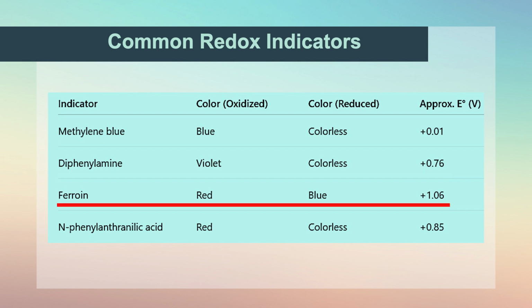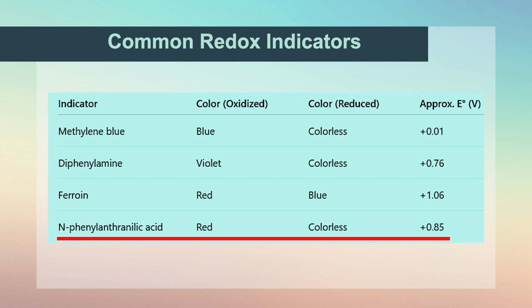The third redox indicator is ferroin, which is red in oxidized form, blue in reduced form, and the potential is plus 1.06. Finally, N-phenyl anthranilic acid, NPAA, which is red in oxidized form and colorless in reduced form, is associated with the standard potential of 0.85 volt.